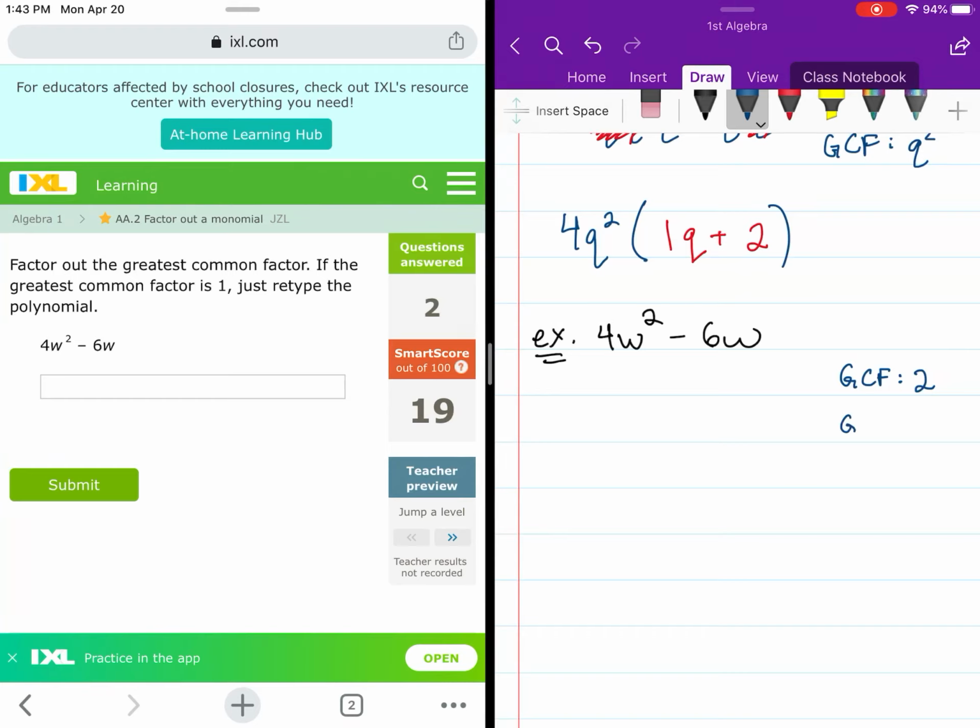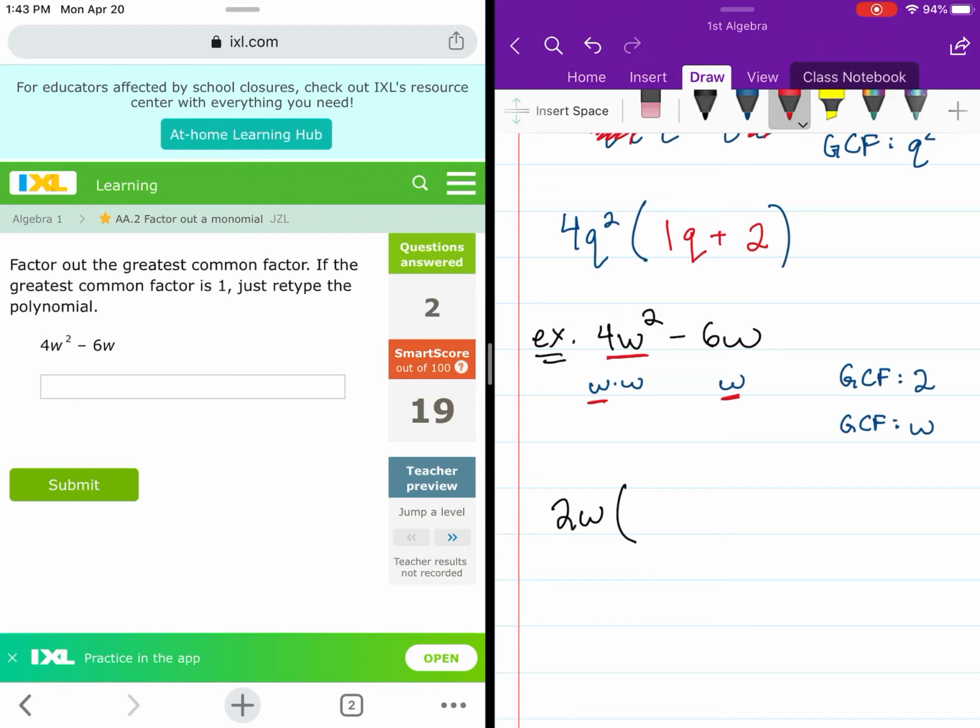And then for the variables, the greatest common factor, here I have w times w, and here I have w. That means I can take out 1 from each of them, so my greatest common factor for the variable will be a w. So then I'll have 2w, that's what I factored out. And then what's left?